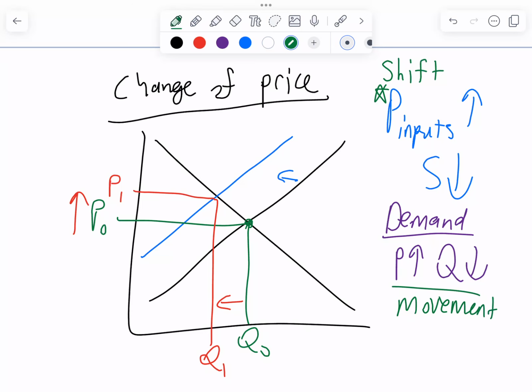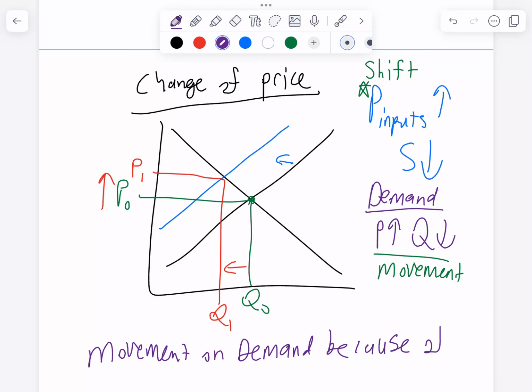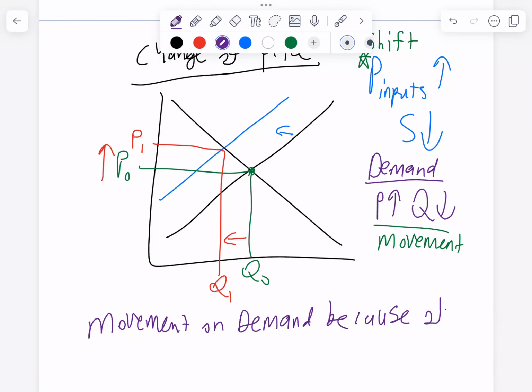So on chapter 3, part 2, when they're asking you about when do you have a movement or a shift, right? On this one here, you're having a movement on demand because of a shift in supply.